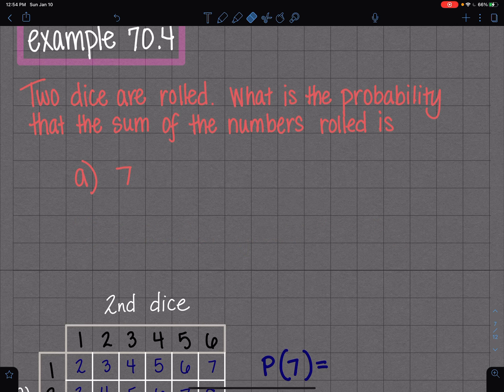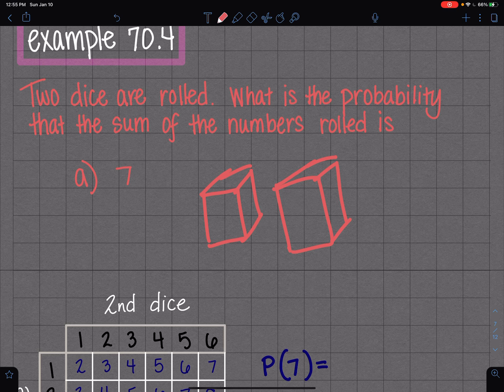This problem is way, way trickier than you think, because if you have 2 dice here, you've got a dice and you've got another dice, and you want a number that is exactly equal to 7, but there's lots of different ways to get 7.